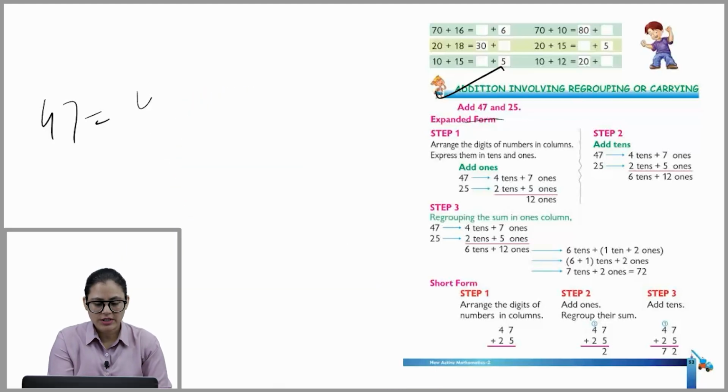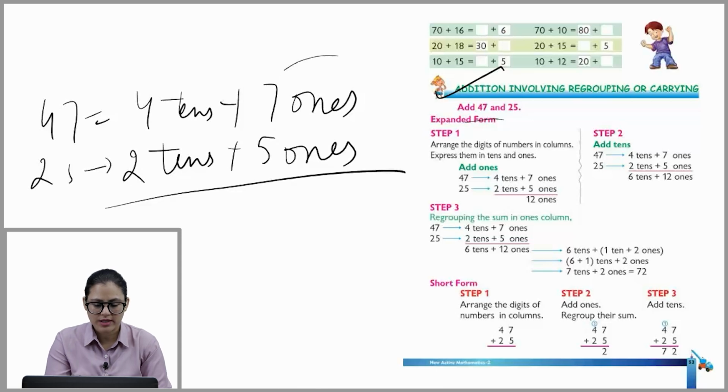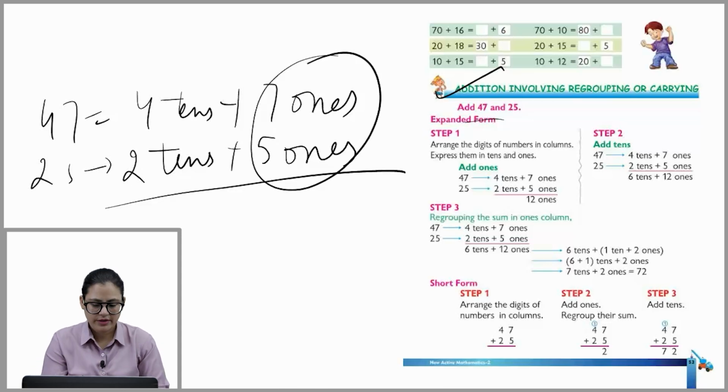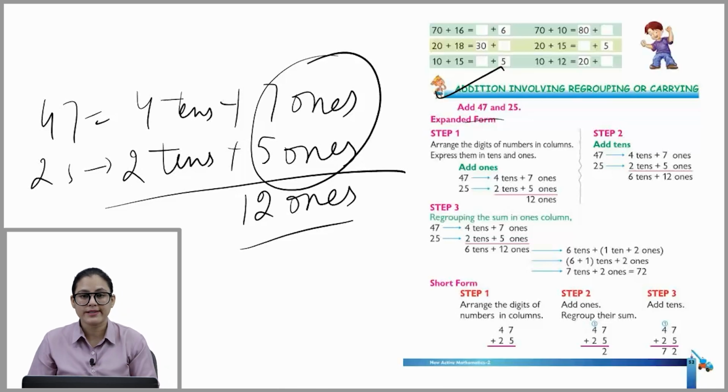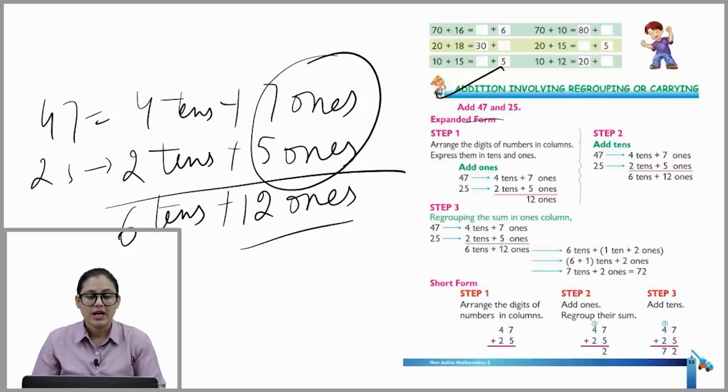47 is 4 tens plus 7 ones, and 25 is 2 tens plus 5 ones. So first we'll add ones. 7 plus 5, 12 ones. This is the first step. Now step 2, add tens. Tens, 4 plus 2, 6 tens. Now step 3. Now we have to regroup the sum in the ones column.